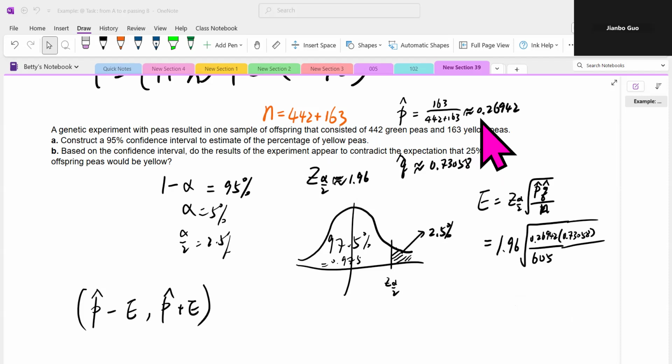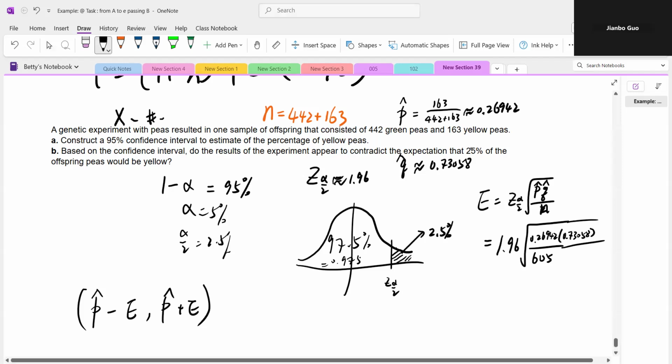Number of successes, we have 163 yellow, so you want to use X. We use X to represent the number of successes. X here is 163, all right? If we use X to divide by N, then we would have the sample proportion.